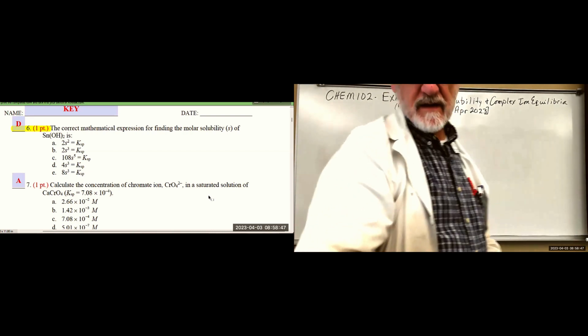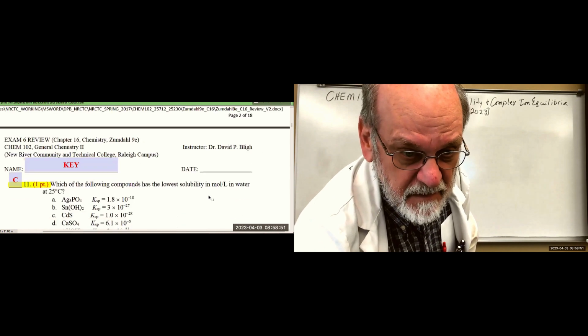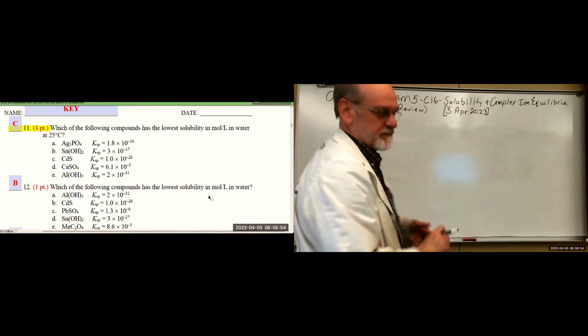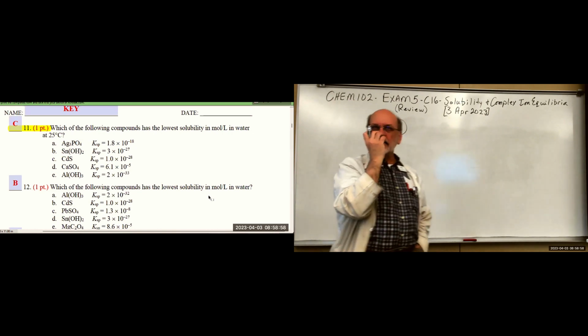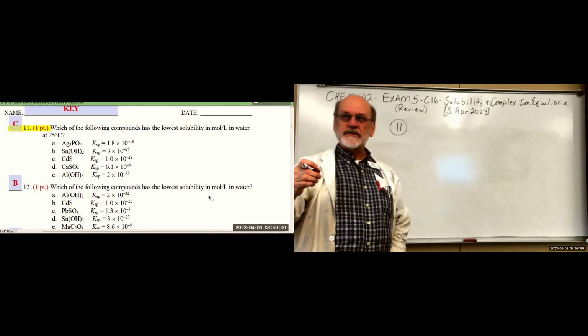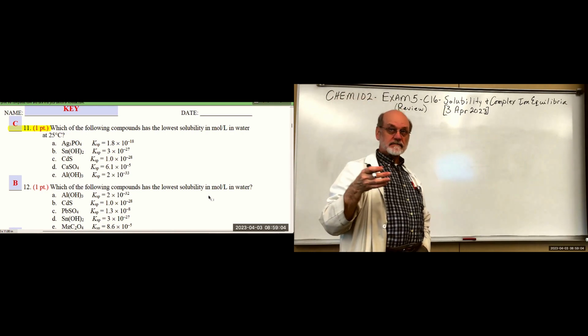Alrighty. Let's see. Number 11. Which of the following compounds has the lowest solubility in molarity in water?